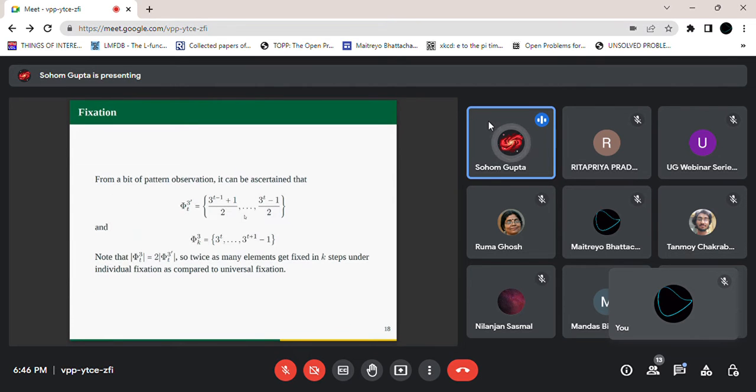When you go back here, you see that phi 3 prime, which was my universal fixation, is going on like this. And phi 3k is just going on like this. Note that phi 3t is 2 phi 3 prime t. You can clearly see if you try to take a difference. What's the cardinality of this element? And what's the cardinality of this element?